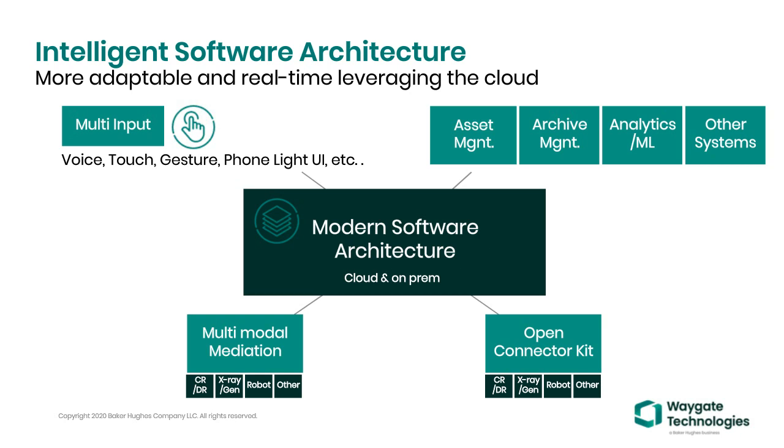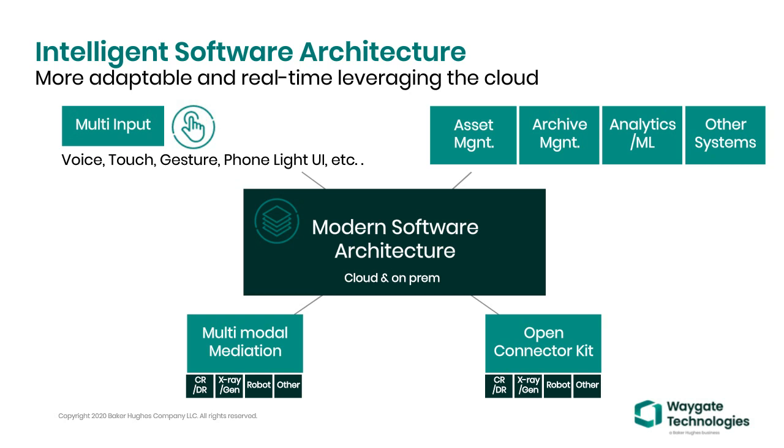Also, we'll be using that software to link up with other types of software, such as asset management, archiving management, analytics, machine learning, and all sorts of other systems. They may be embedded in the software one is using close to the device, or spread out between the cloud and on-prem. But all in all, it'll be much more interaction and real-time communication between various pieces of information.